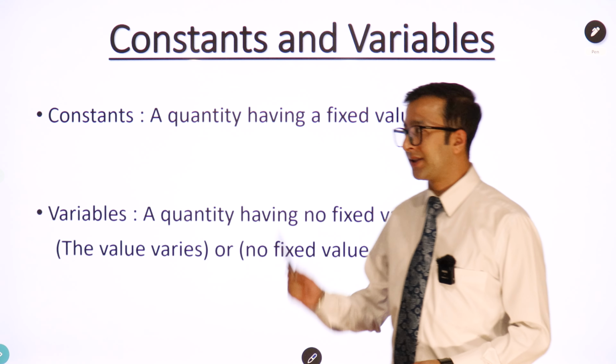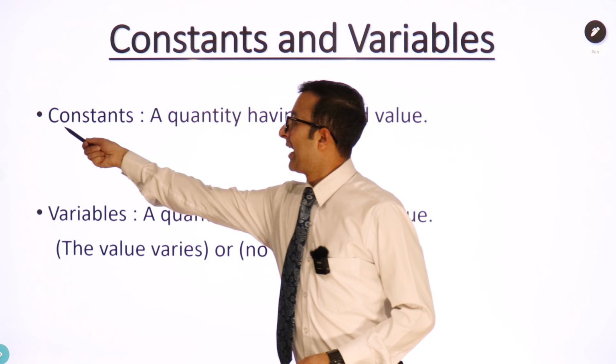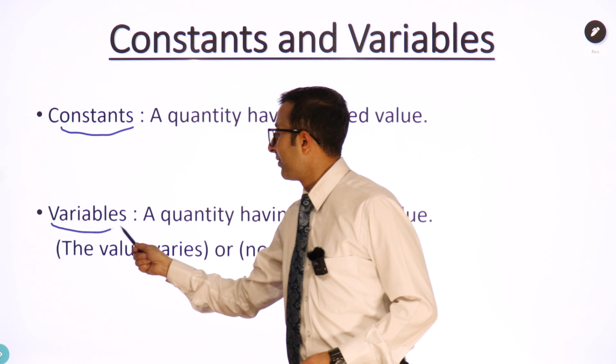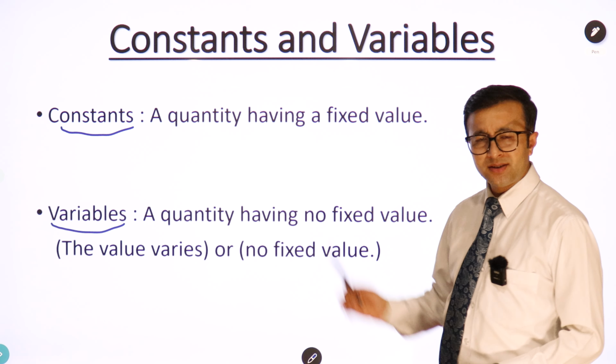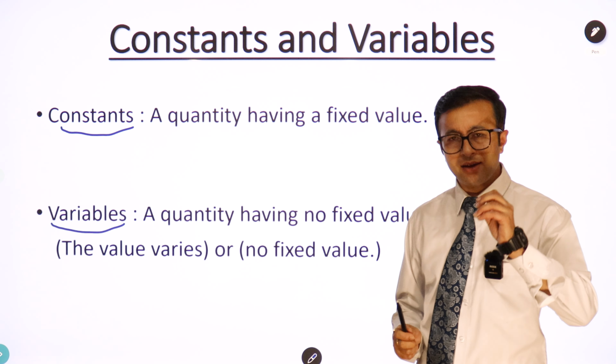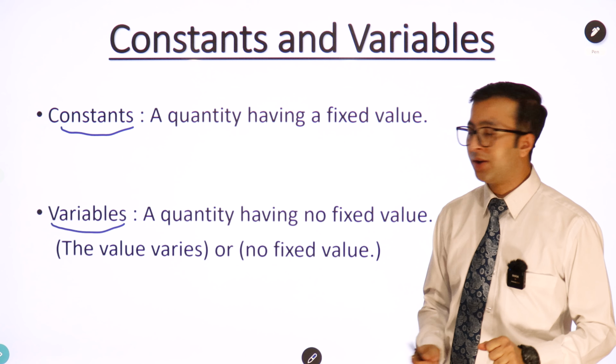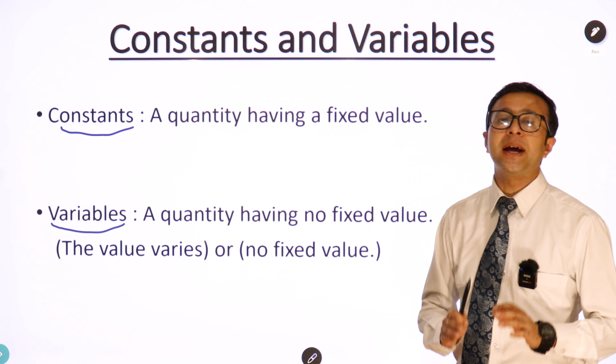Now, next is that once we want to start with algebra, we should have a clear concept about these terms: constant and variable. Constant means which has a definite, fixed value, just like 2, 3, etc. Variable means which does not have any fixed value.